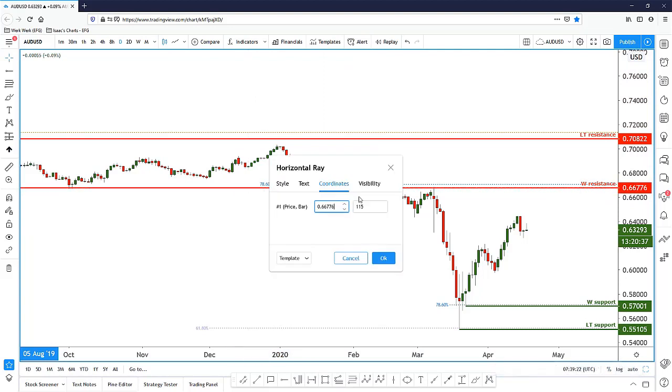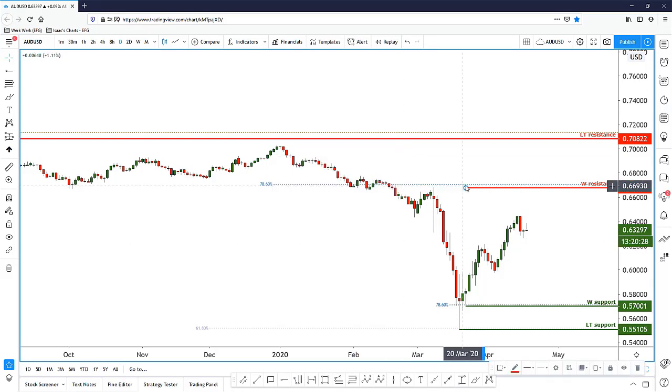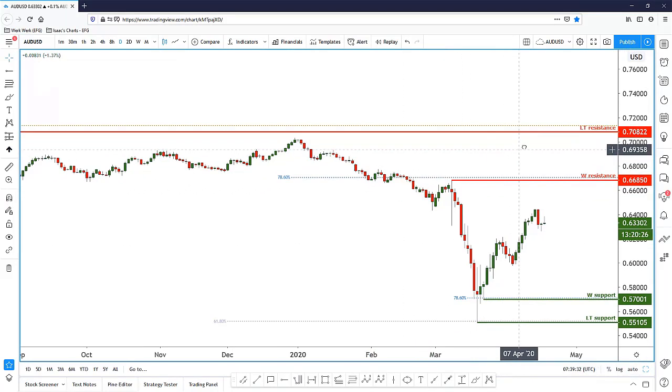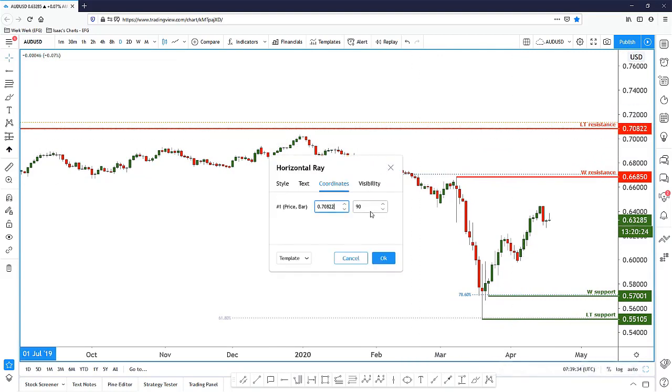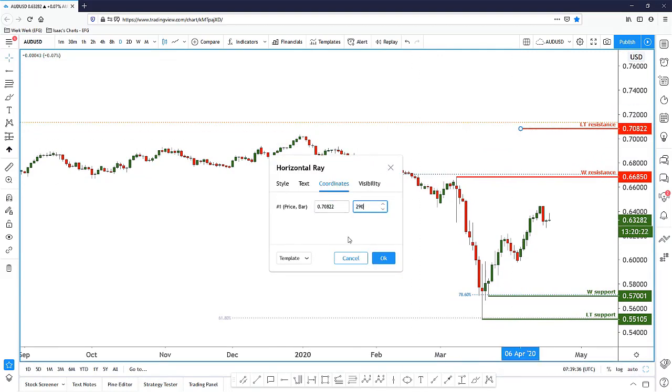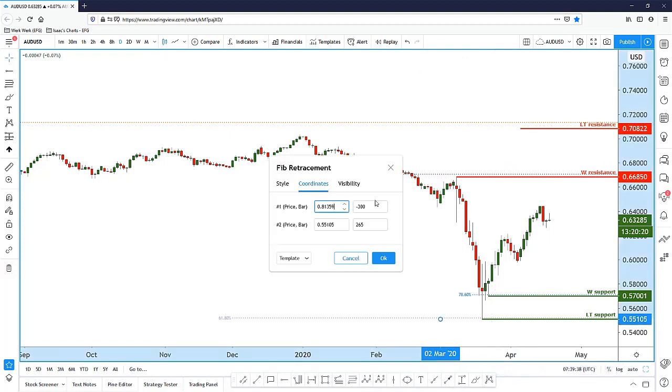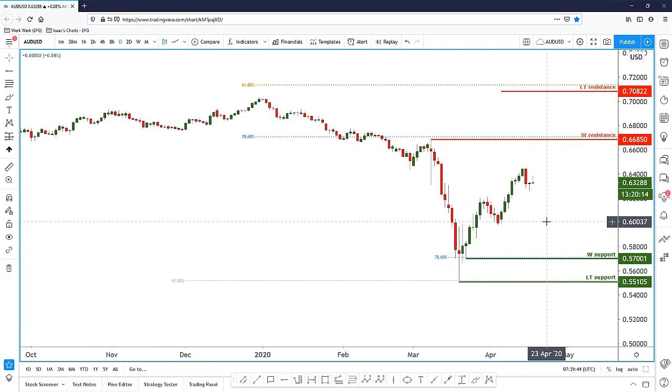Okay, while I tidy this up, bear in mind the key levels and how we got them. Okay, so we want to focus on the recent area here.